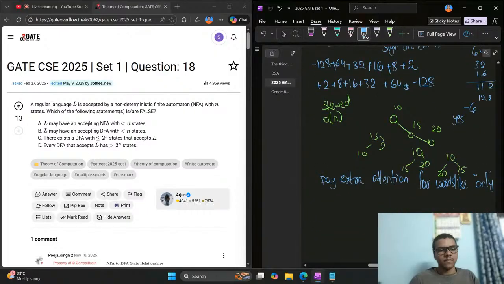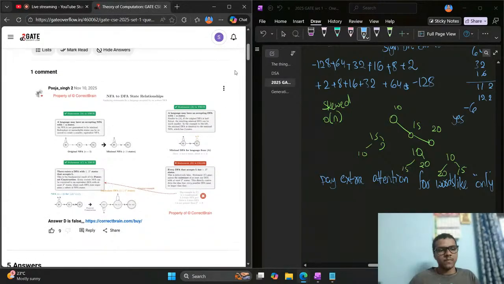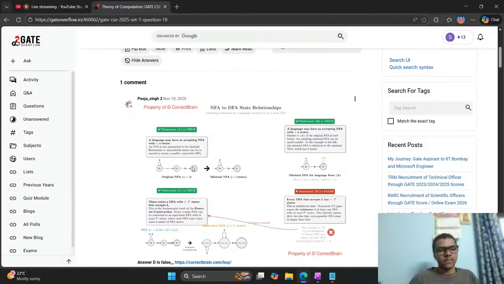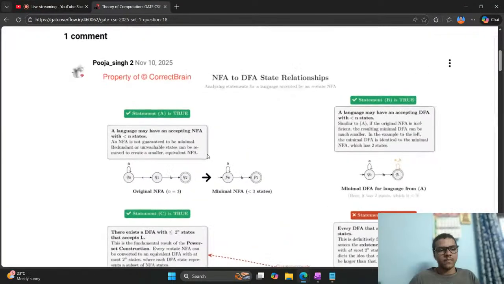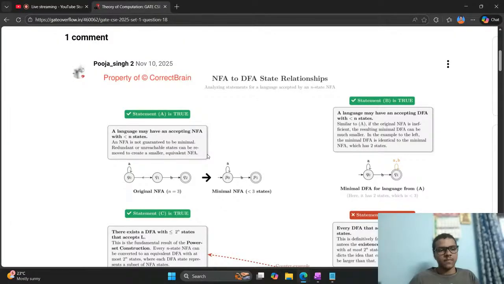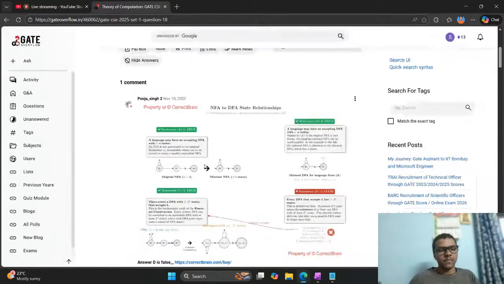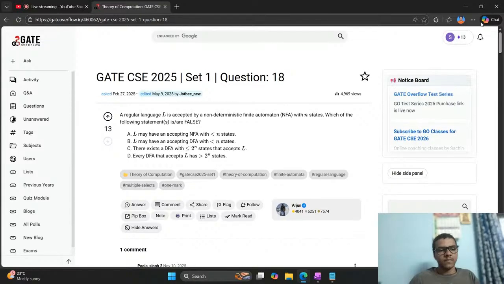A regular language accepted by a non-deterministic finite automata with n states. We need to have a few prerequisites before getting these things answered.